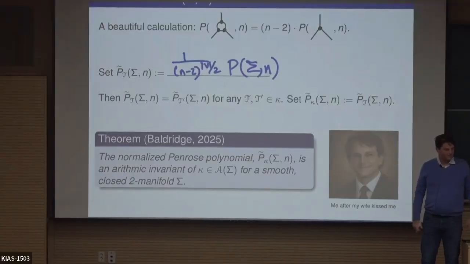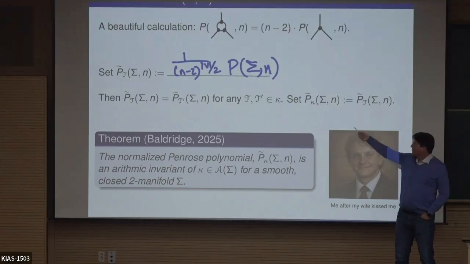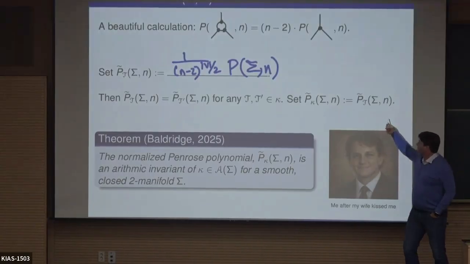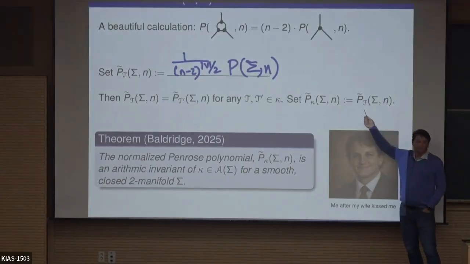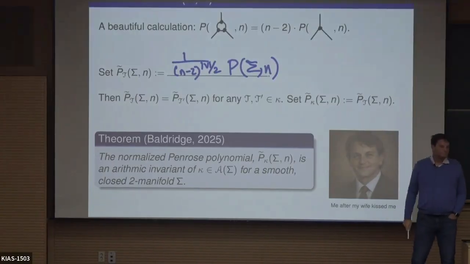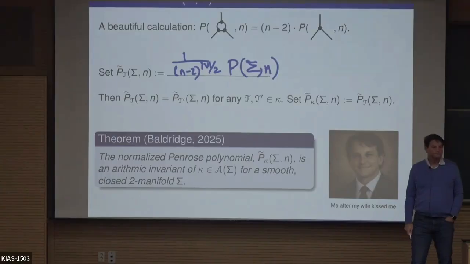In other words, it is an invariant of that class. Given any two triangulations in my original kappa, those normalized Penrose polynomials are equivalent. And therefore, just define the kappa Penrose polynomial based on any one of them. And then normalized Penrose polynomial is an invariant of an arithmic.